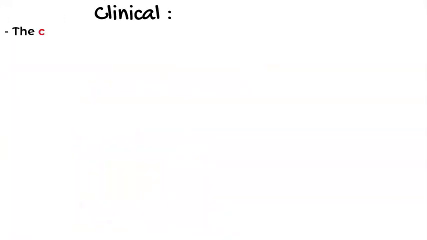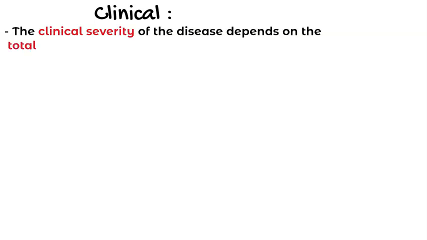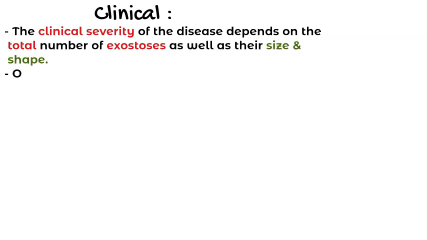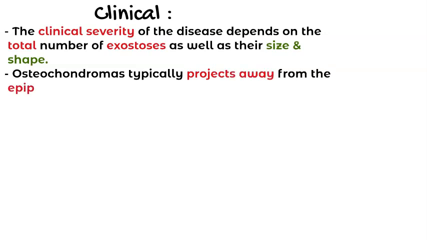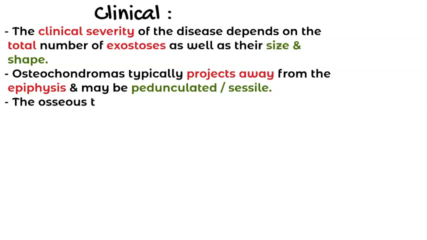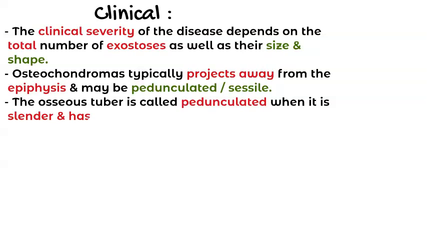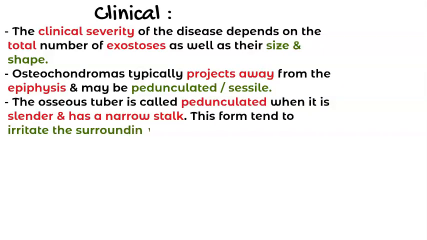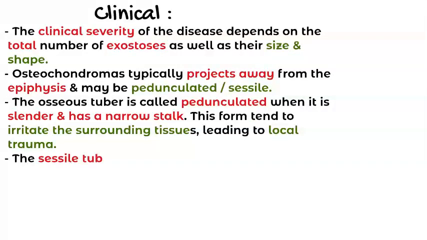The clinical severity of the disease depends on the total number of exostoses as well as their size and shape. Osteochondromas typically project away from the epiphysis and may be pedunculated or sessile. The osseous tuber is called pedunculated when it is slender and has a narrow stalk. This form tends to irritate the surrounding tissues, leading to local trauma.